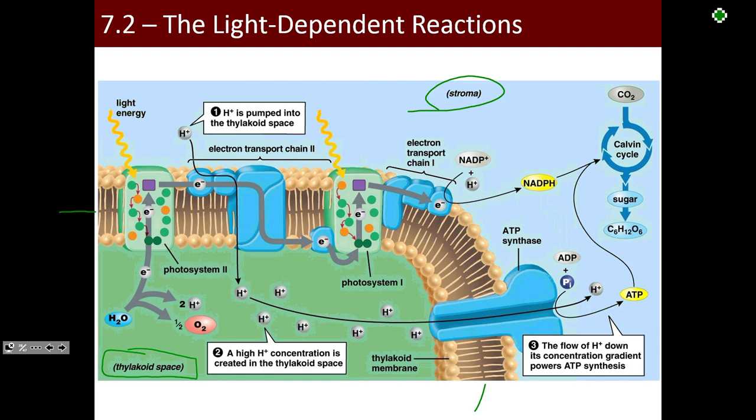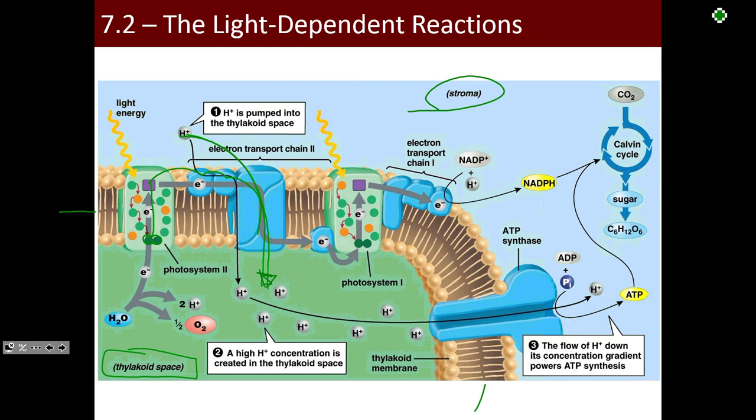Okay. So light energy hits photosystem 2, our water splitting photosystem. Our pair of P680 chlorophyll molecules gets so energized by all those photons of light that it gives up an electron to a primary electron acceptor that gets passed down an electron transport chain. And as that happens, energy from that electron is used to pump hydrogen ions through and into the thylakoid space.